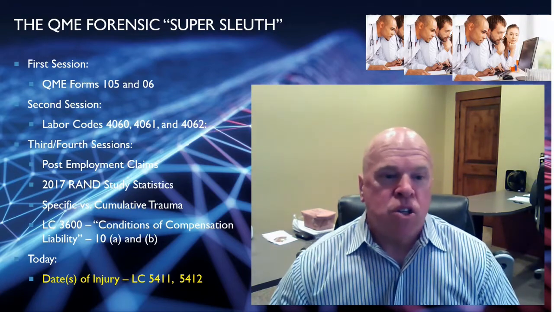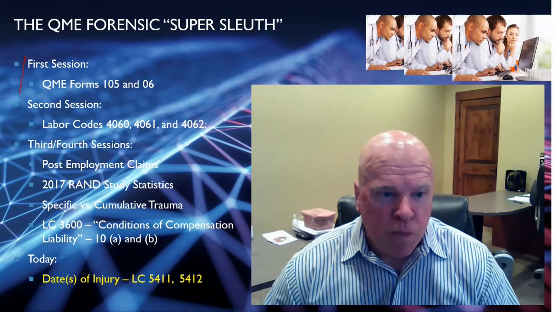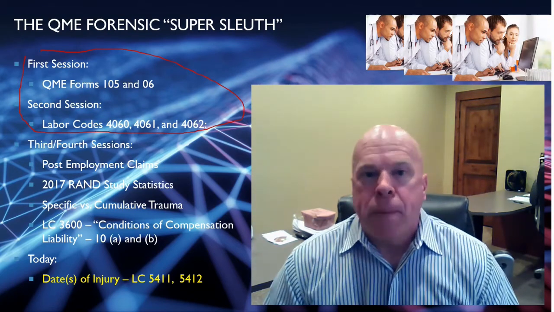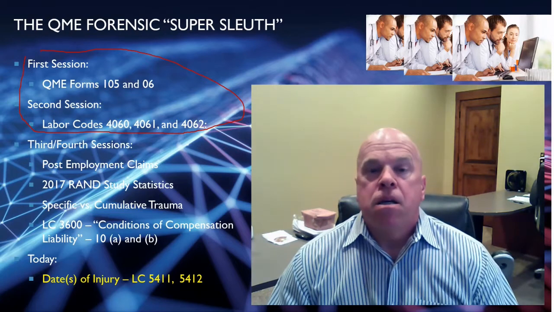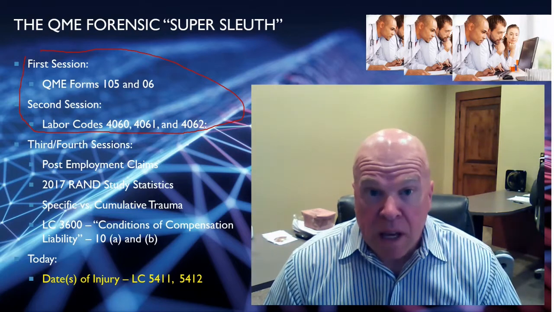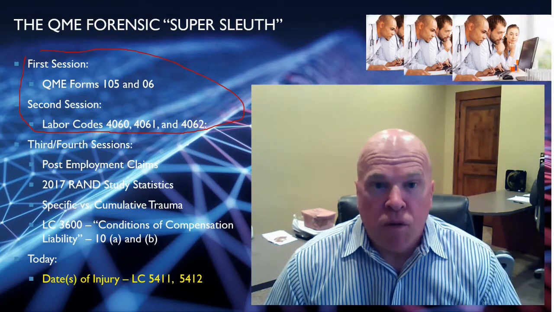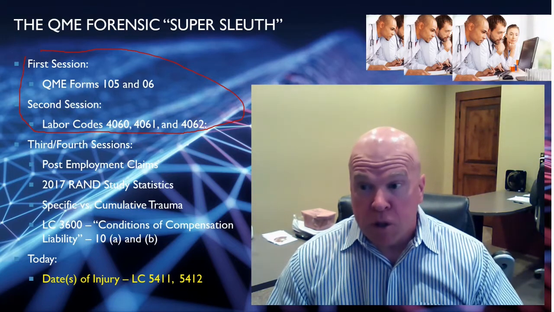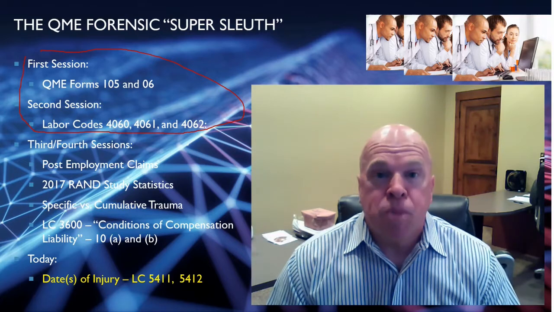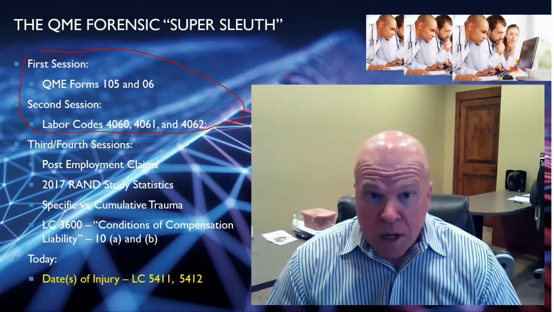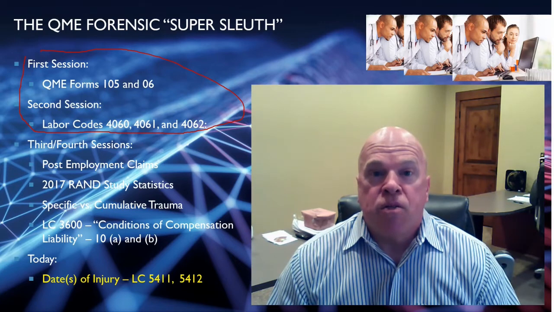And in session number 1 and session number 2, we talked about the paperwork and the laws behind the need for the QME evaluation in the first place. We talked about QME forms 105 and 106, which are the paperwork that the parties submit to the Division of Workers' Compensation to order an evaluation with you, the qualified medical evaluator.